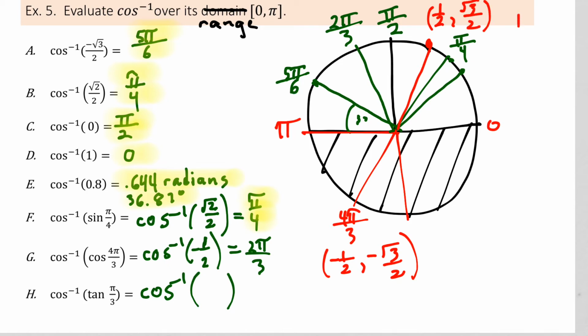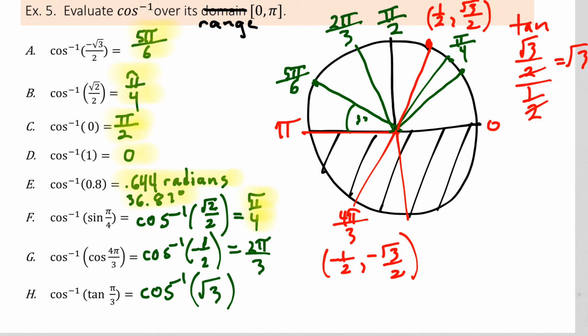So the tangent is going to be root 3 over 2 divided by 1/2. So I could cancel the 2's out, and I'll get root 3. So we're talking about the angle whose cosine is root 3. So I've got the inverse cosine of root 3.